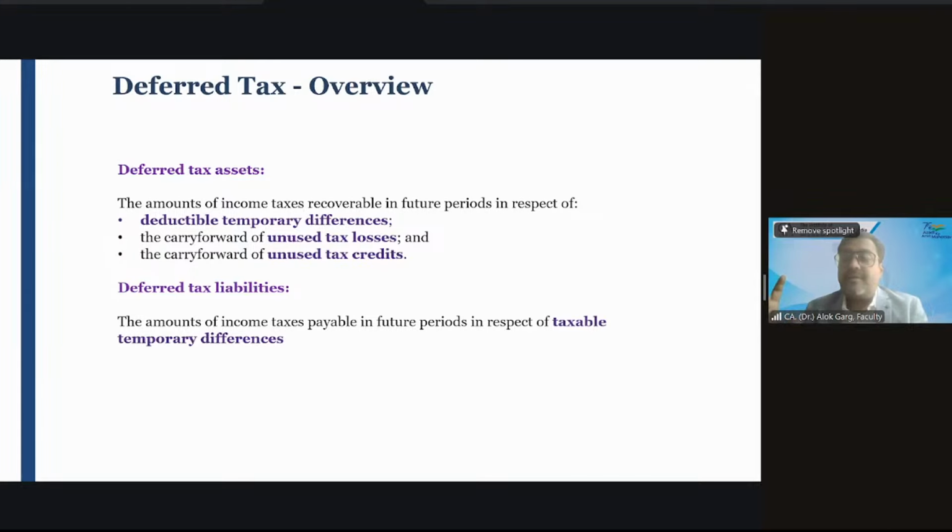So friends, last year's loss was 1 lakh rupees, and the current year's profit is 1.5 lakh rupees. You will set off the 1 lakh rupees of loss from the last year which you have carried forward. Now you have to pay tax only on 50,000 rupees.